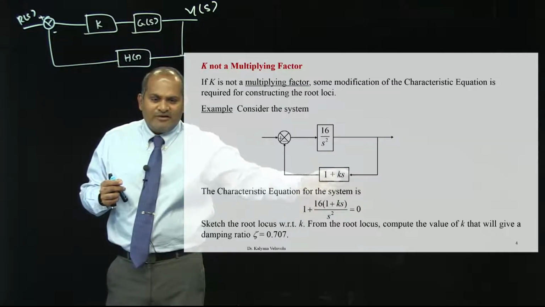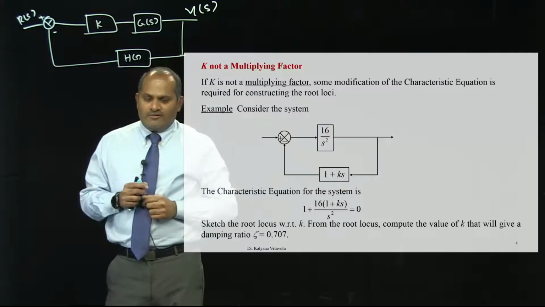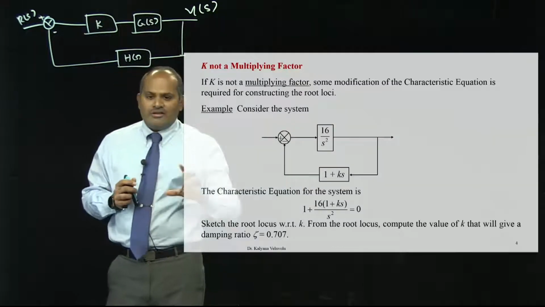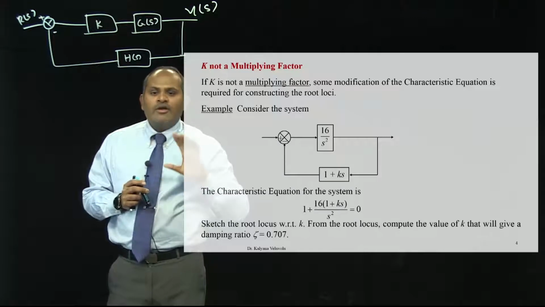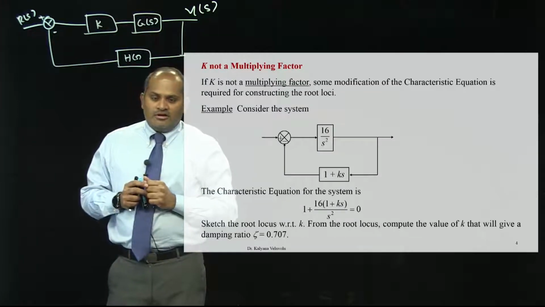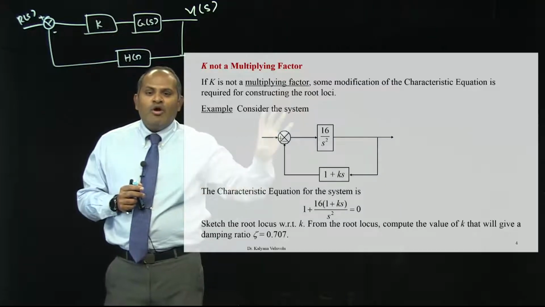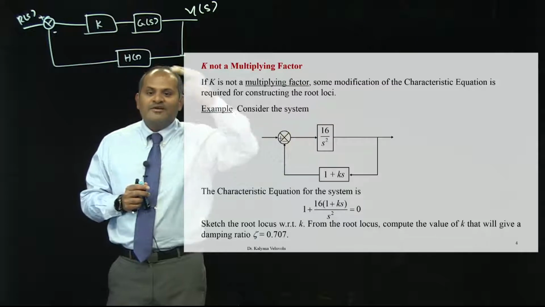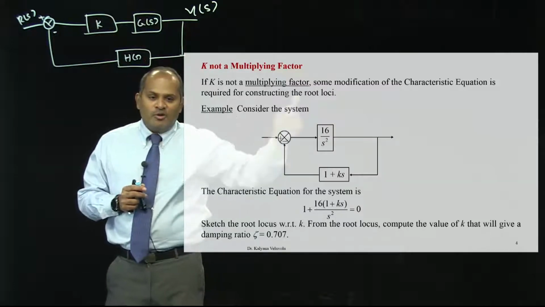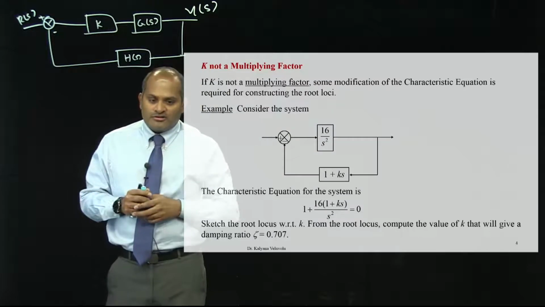So, there is a kind of expression, it does not actually look into any of the standard form. If the k is not in the form of a multiplying factor, we cannot use our rules of root locus. However, we have a technique where we can modify the system into the form suitable.